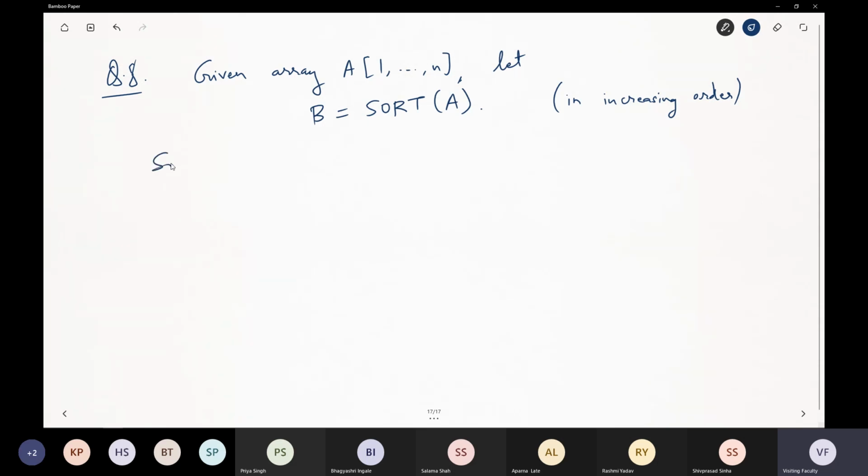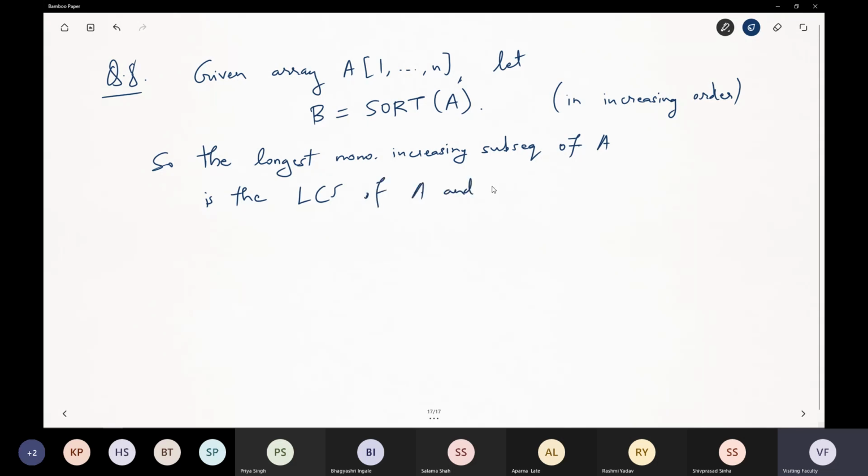So the longest monotonic increasing subsequence of A is simply the LCS of A and B. That's all.